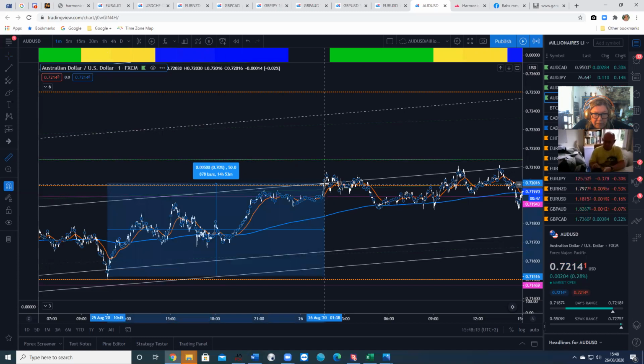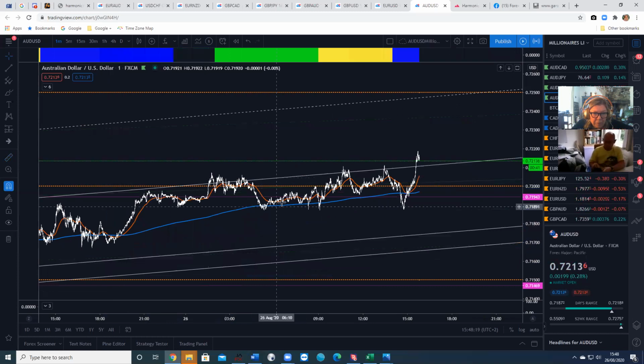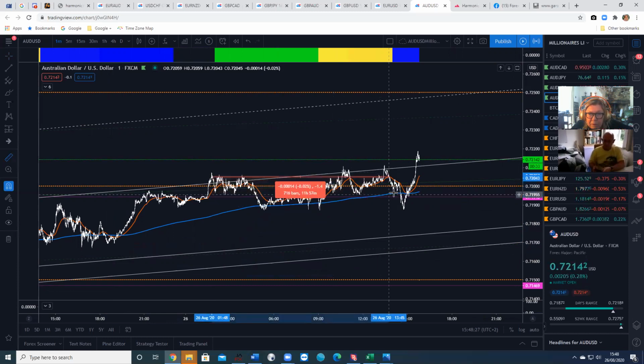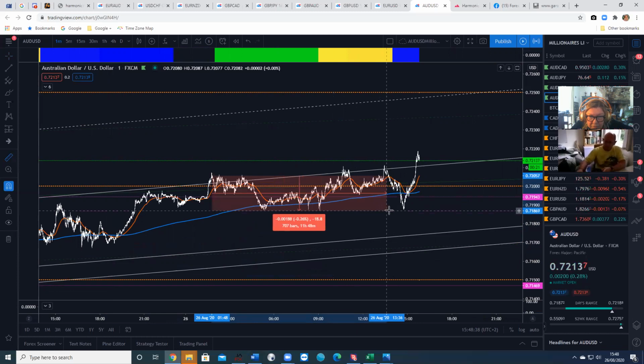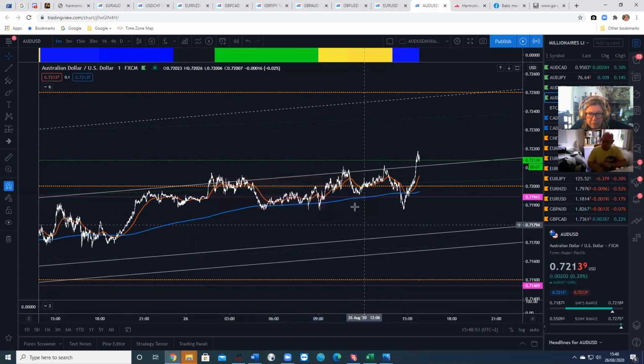So it took 14 hours to do its 50 pips, and then in Tokyo it barely moved, about 20, 25 pips from there, and through to close to the open of New York, 12 hours to move. I've got that slightly off on the left, but it doesn't matter, just to make the point. 20 pips there, 19 pips. So that is 20 pips in 12 hours, which is hardly anything.